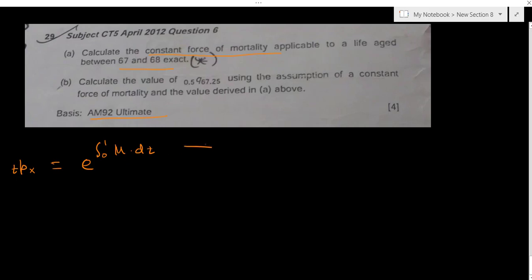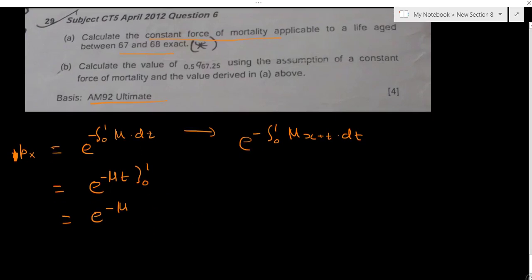Usually this is e to the power of minus the integral from 0 to 1 of mu x plus t dt, this is 1Px. But now since this is a constant, it just becomes mu.